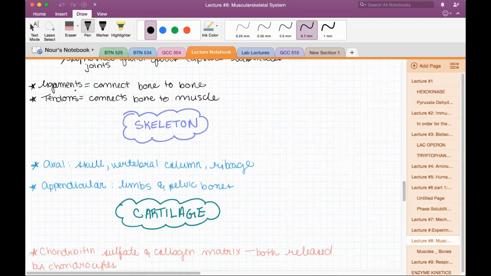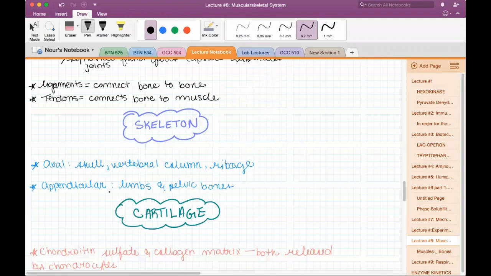Okay, the ligament basically connects bone to bone. Bones can't touch because it causes a lot of tension and a lot of problems, and you'll feel a lot of pain when it does happen. So you need ligaments to make sure that doesn't occur, and tendons basically connect the muscles to the bone.